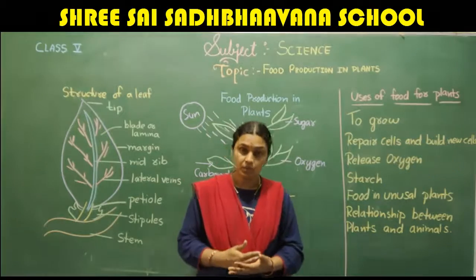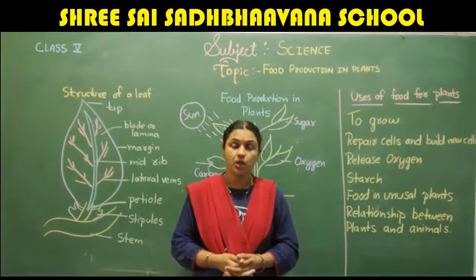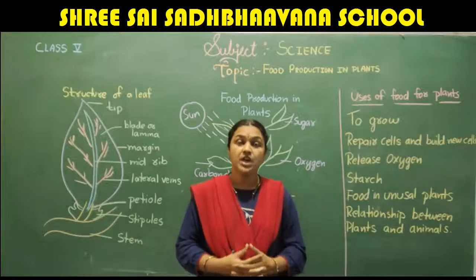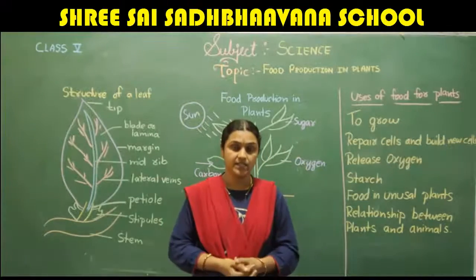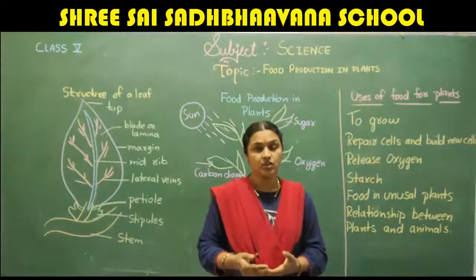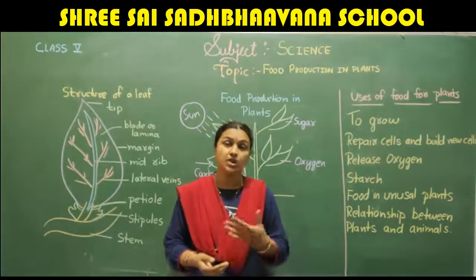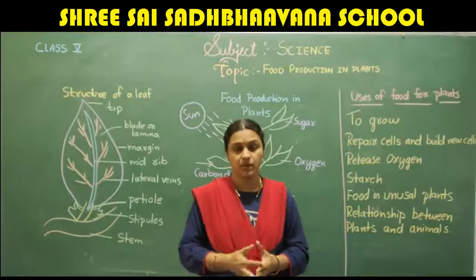We all know that human beings like me, you, and the animals cannot prepare food by ourselves without using ingredients. For example, if you have to make chapati, you need the wheat, you need the water, you need the salt to make the batter, and then we make the chapati.